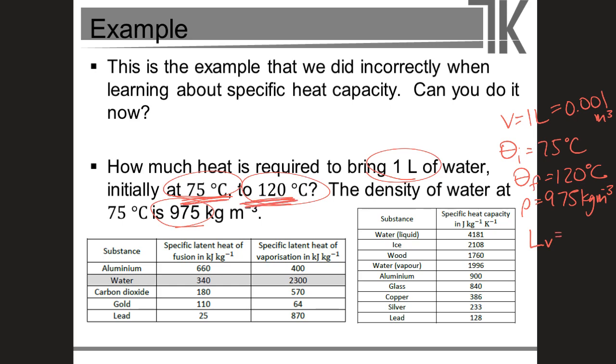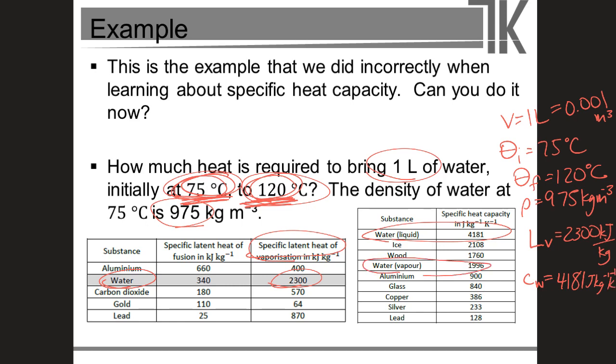So our specific latent heat of vaporization of water is 2300 kilojoules per kilogram. And we're also going to need the specific heat capacity of water because we're heating up the water, and of steam because we're heating up steam. So I'm going to use some subscripts for that. So specific heat capacity of W for water is 4181 joules per kilogram per Kelvin.